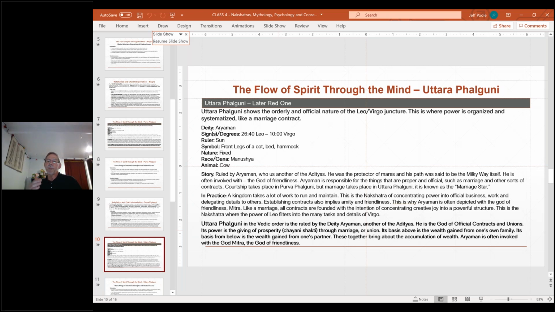The basis above is the wealth that you gain from your own family, and the basis below is the wealth that comes and adds to that from your partner. These together bring about the accumulation of your wealth. Aryaman is often invoked with Mitra as that god of friendliness, and you will see Mitra show up later in the nakshatras.